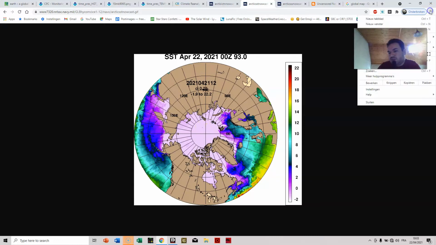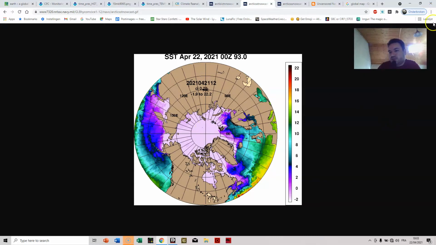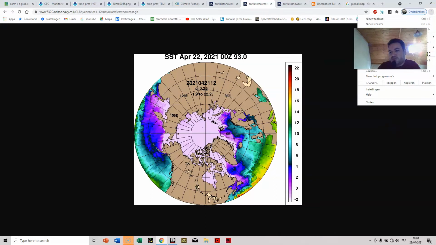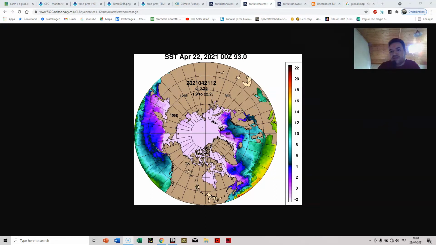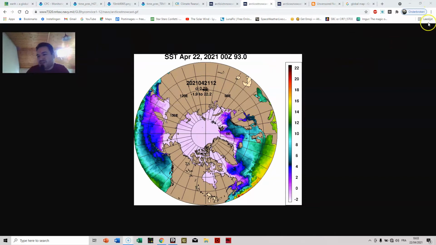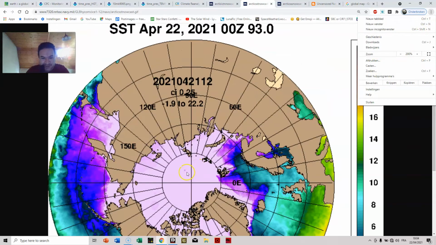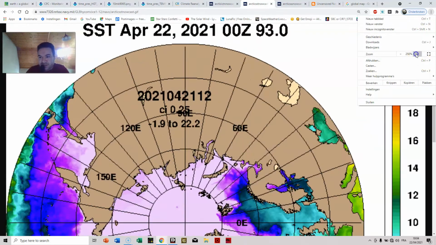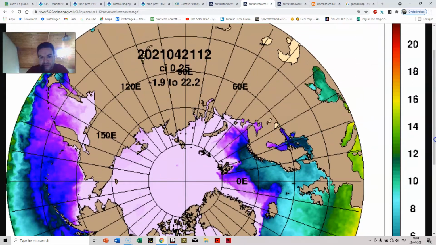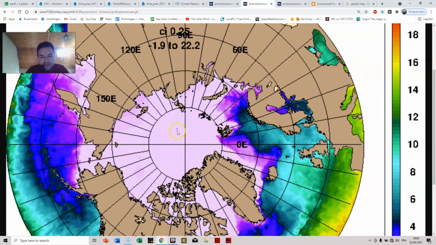Let me zoom that in because now you don't see it clearly. Okay, where's the zoom button? Oh yes, I have to change the position of my beautiful face. There it is. Let me zoom that even further because, yes, this way you can see it. This basically means that something under the ice is warming a circular region.